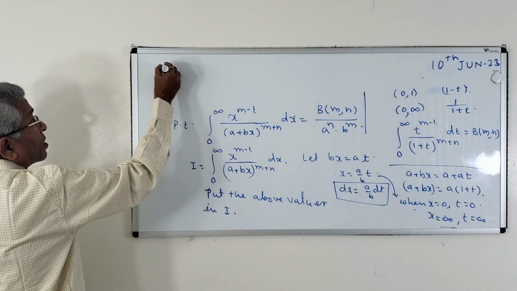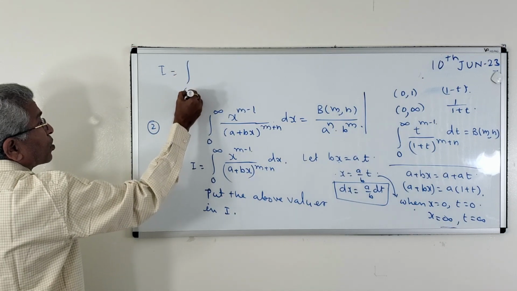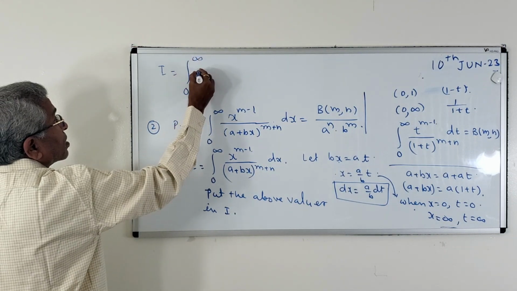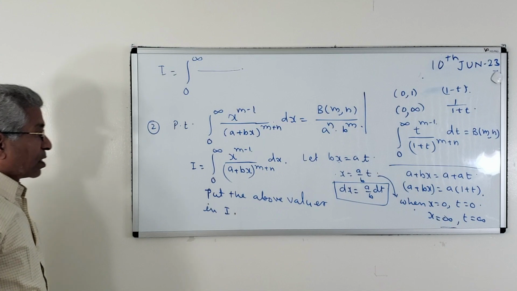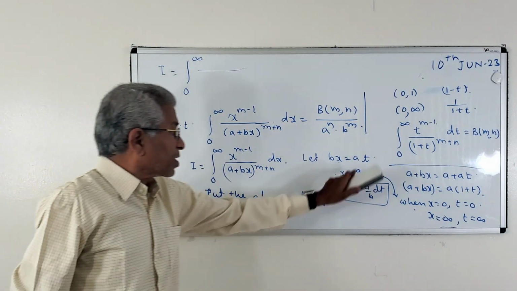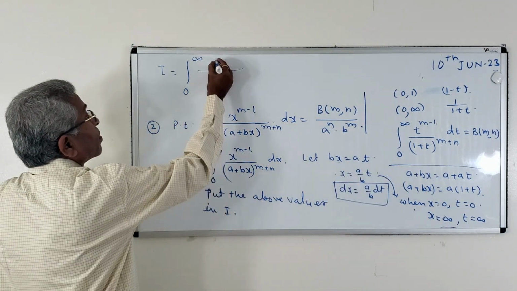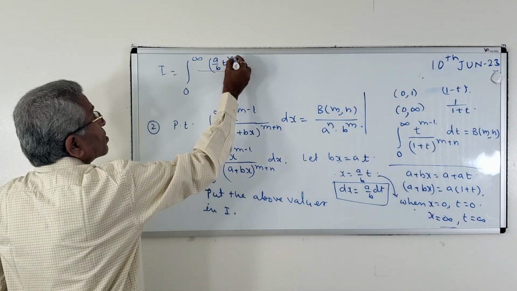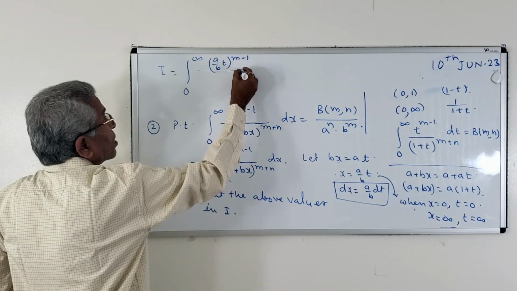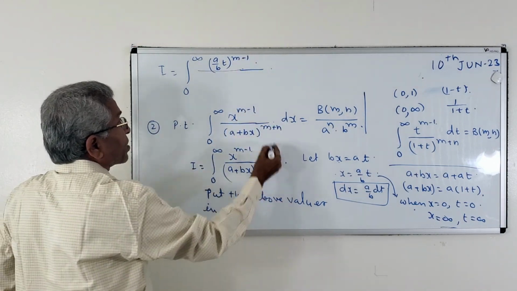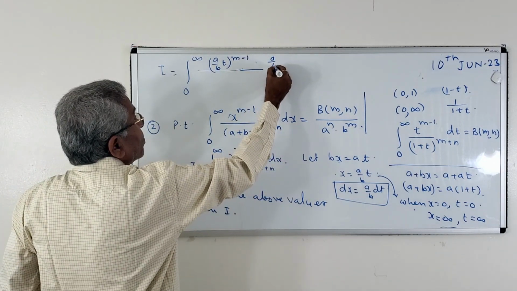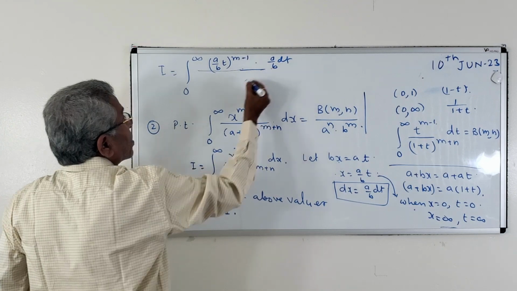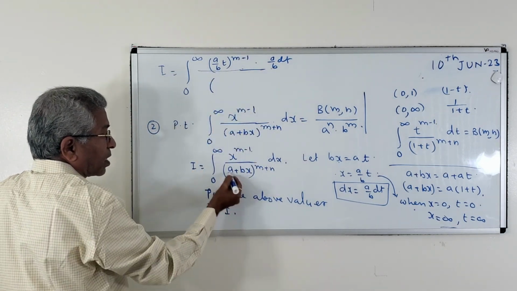So I will be integral 0 to infinity x. Now put the value of x. X is a by b into t, raised to m minus 1 into dx, a by b dt, divided by a plus bx.